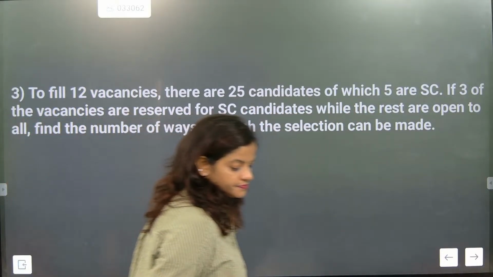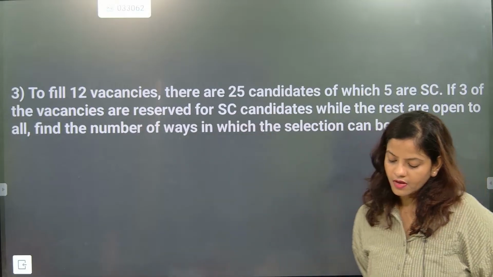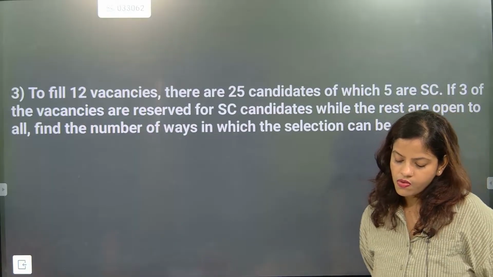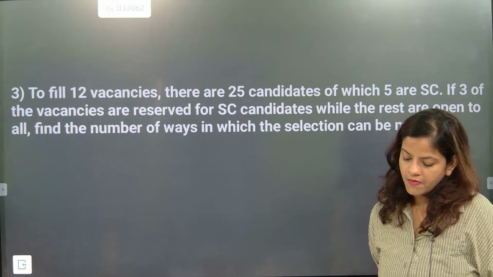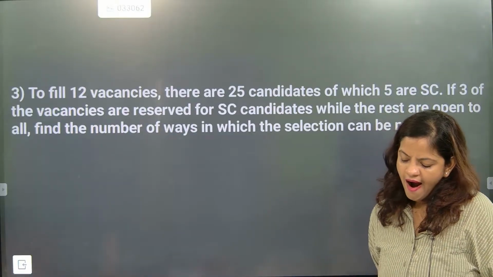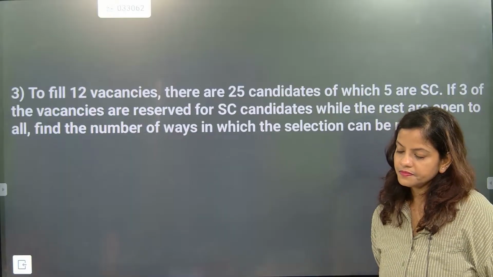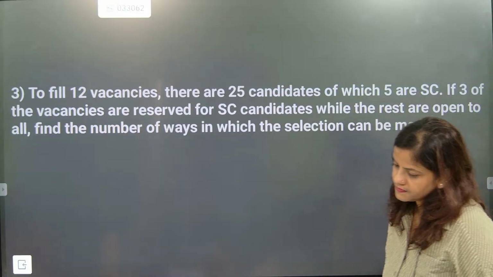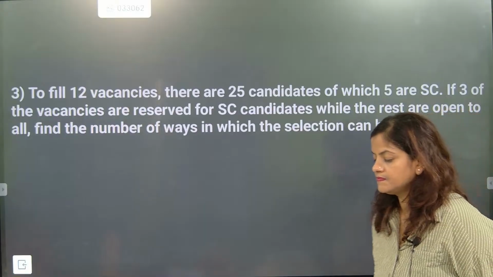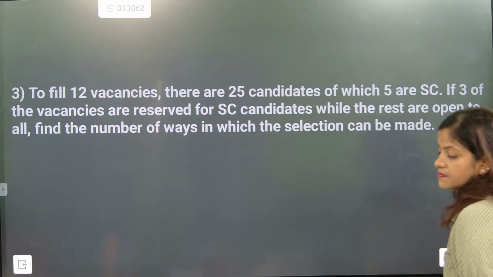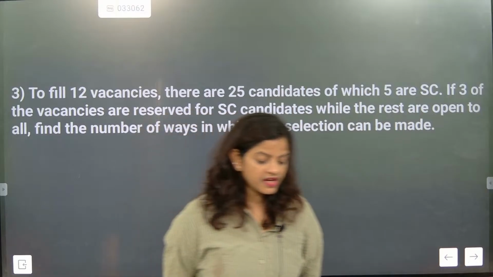First look at it. Try this question, beta. Any idea?